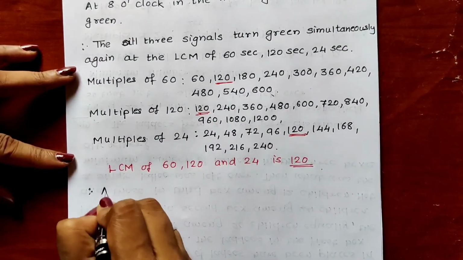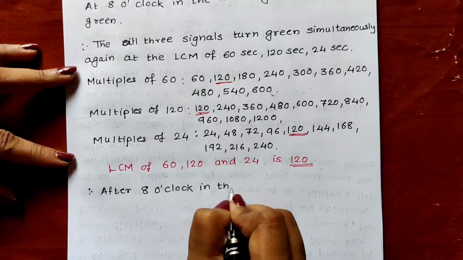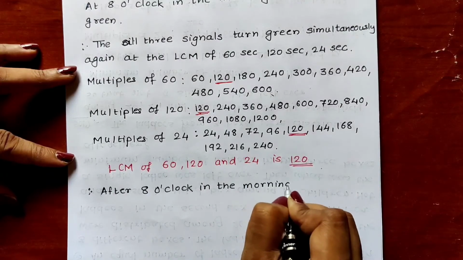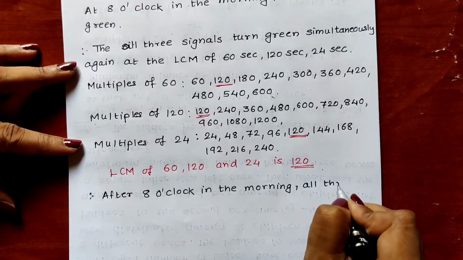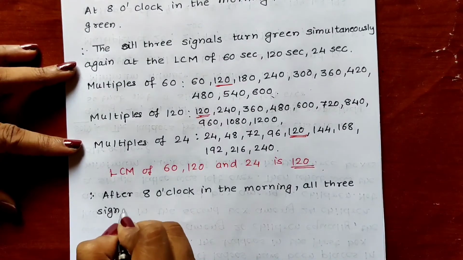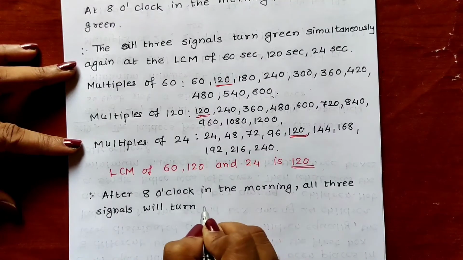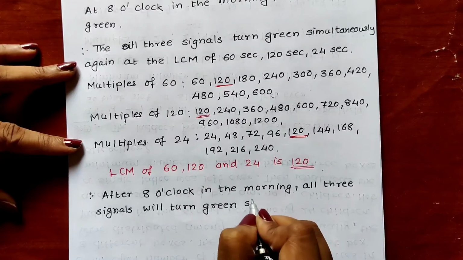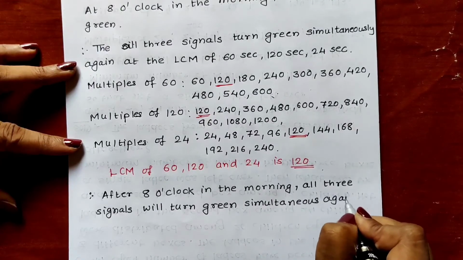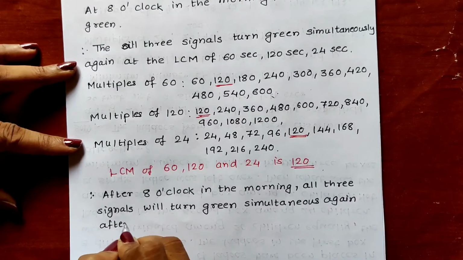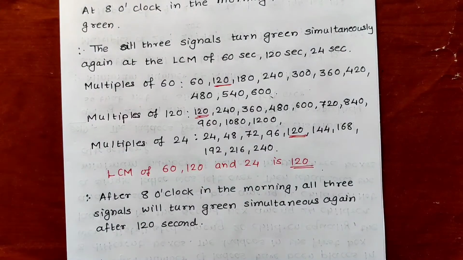So therefore after 8 o'clock in the morning, all three signals will turn green simultaneously again after 120 seconds. 120 seconds means 2 minutes, because we all know 60 seconds means 1 minute.